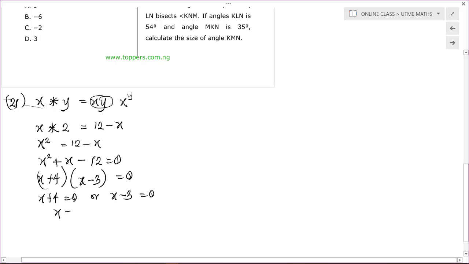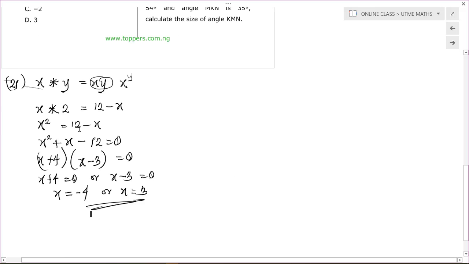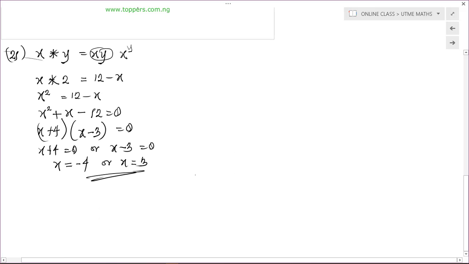So we have x equals minus 4 or x equals plus 3. Let's look at which one gives us the answer there. We can see that where we have it is x equals 3 or minus 4. So the answer here is C. The answer is C. So with this, you can see that mathematics and physics is quite easy.